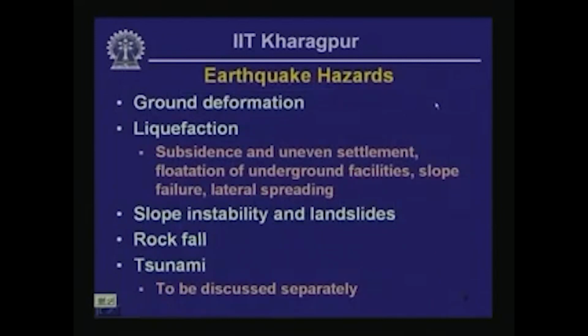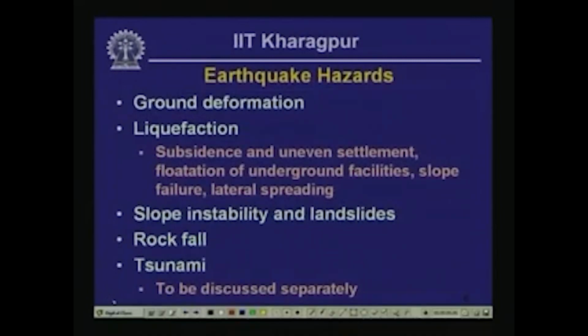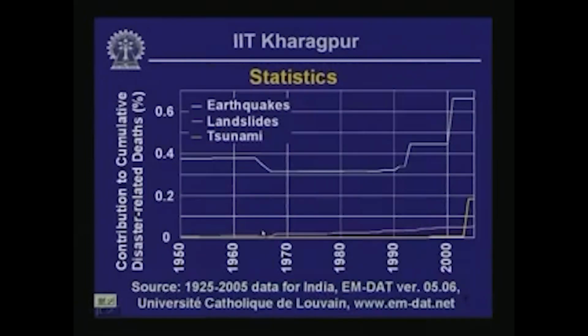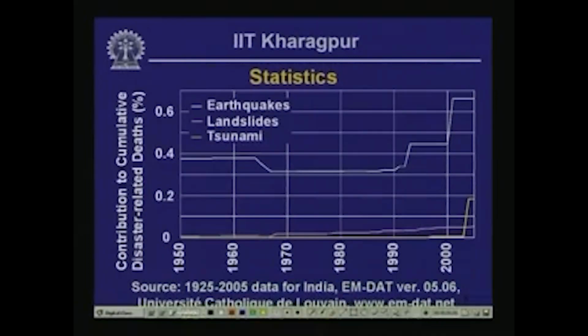So, here for instance, we are looking at approximately 0.65% of total deaths due to all disasters combined.